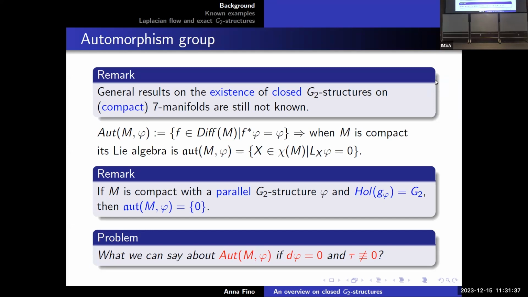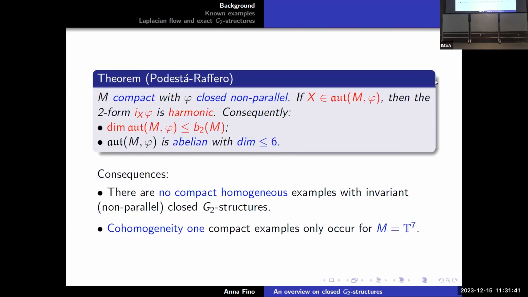So what can we say when you have a closed G2 structure? We have a result for the sign of error that gives a restriction. In fact, this is easy to show because of the two-form, the contraction by phi with X, and this is what, because the star is just the form itself times phi, and everything is good.